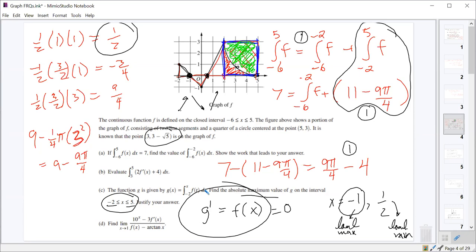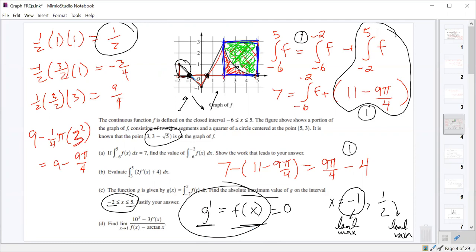Wait, how did we know that the -1 was a maximum as opposed to a minimum? So remember that f is the derivative of g. So when we're looking at whether g is increasing or decreasing, we look at its derivative, we look at f. So f was greater than 0 from -2 to -1, telling us that it was increasing.